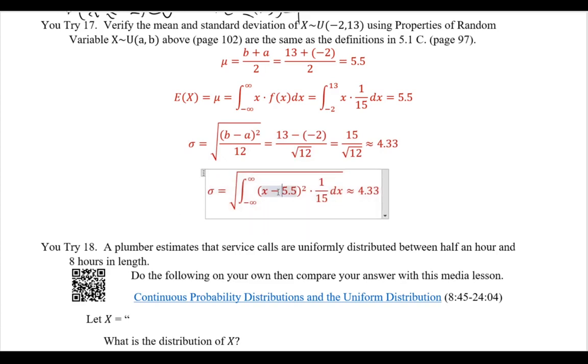Now we'll compare that to the definition, which is we'll take the difference of the x value minus the mean, squared, times f of x, integrate from -infinity to infinity, or in this case just from -2 to 13, and then we'll take the square root of the variance. Let's use GeoGebra.